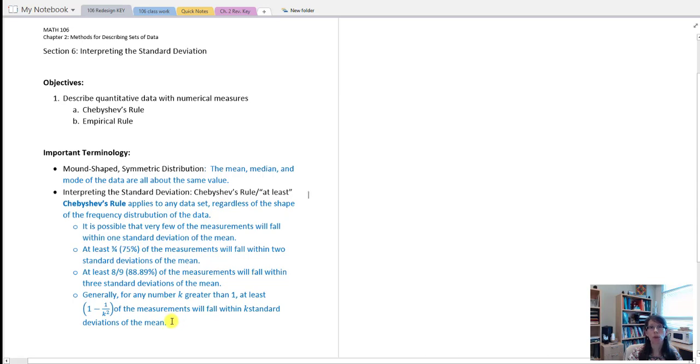Now this is very useful when your z-score is not an integer, like 2, -2, 3, or -3. If you have a z-score of 1.5, you can simply substitute 1.5 for k into Chebyshev's inequality. And that will help you to determine what percentage of the data falls within that z-score from the mean.